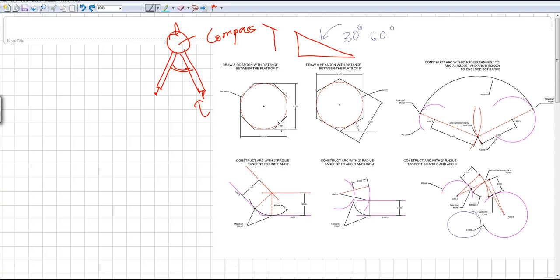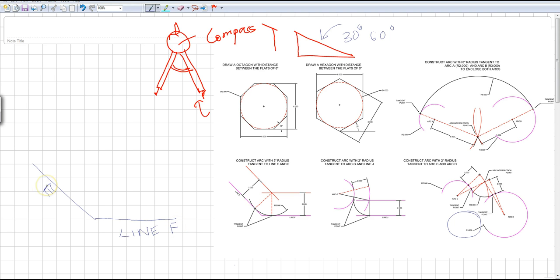To do that, what I will do is first start with obviously having the line in there. I draw one line, which is line E, and I draw another line, which is line F. Right?